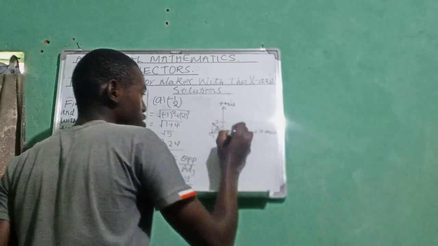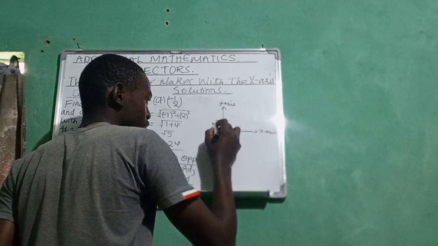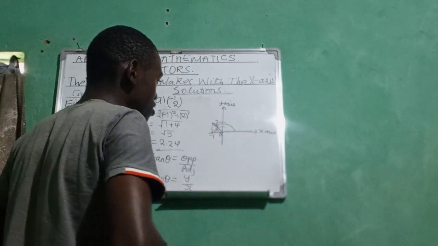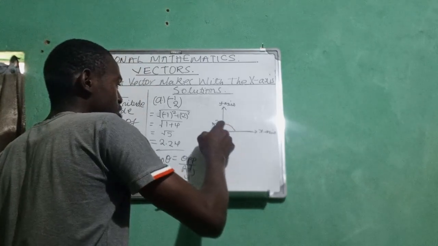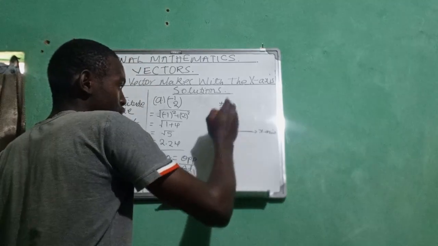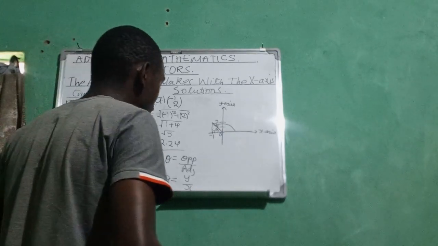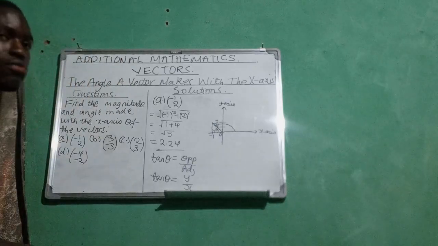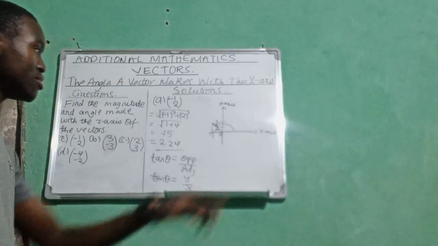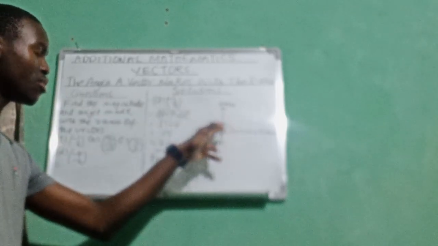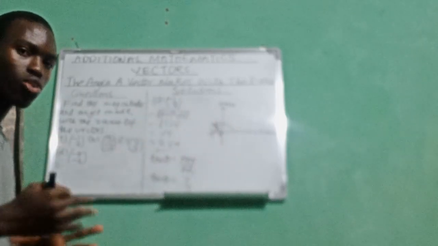This is the first quadrant, second quadrant. After you solve for your theta, you're going to find your acute angle. But since it is in the second quadrant, you're supposed to find an answer in the second quadrant. So this theta right there is your acute angle.